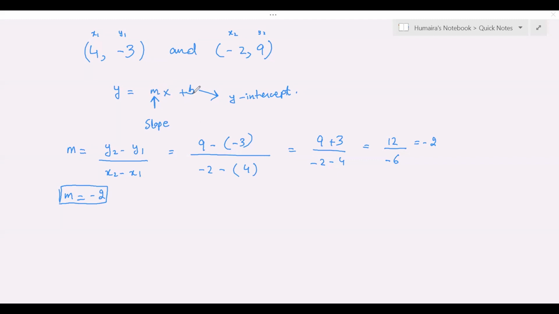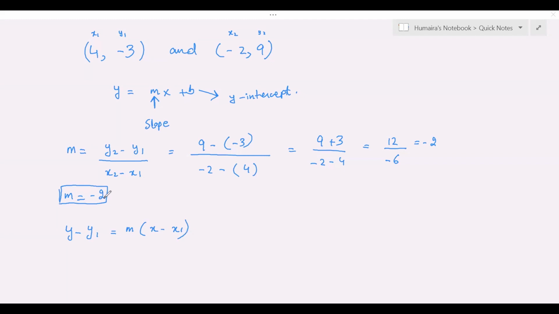Now we need to find the b, the y-intercept, right? Yes, exactly, the y-intercept. For this one, we will write y minus y1 equals slope times x minus x1. This is the second formula that we have to keep in mind.